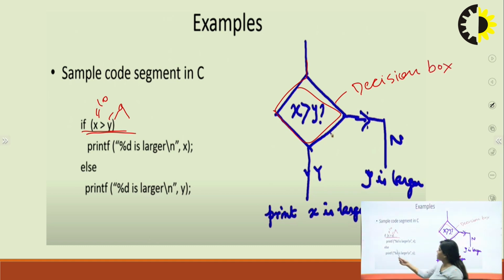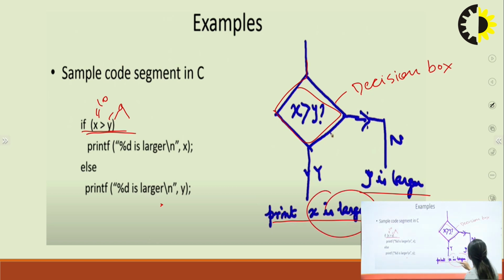Print 'y is larger', else print 'x is larger'. Now, if the condition is true, y is larger, else x is larger. According to this, x is 10, and which value is larger? x. So the answer will be x. Correct?